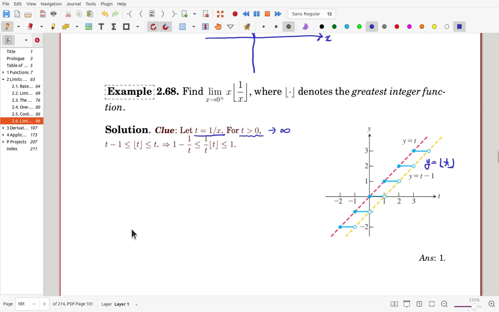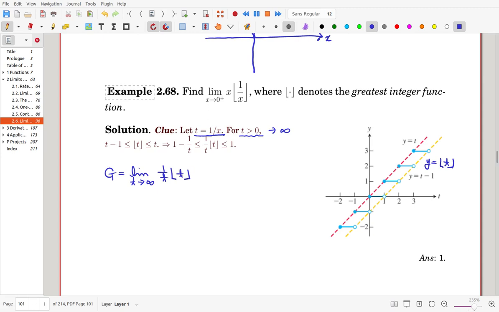Along with that change of variable, the given term is changed into a limit where t goes to infinity, x is 1 over t, and inside the greatest integer sign is t.